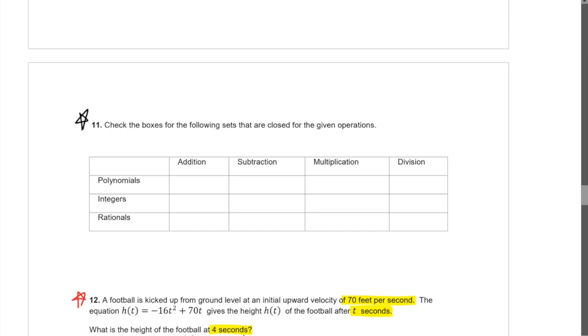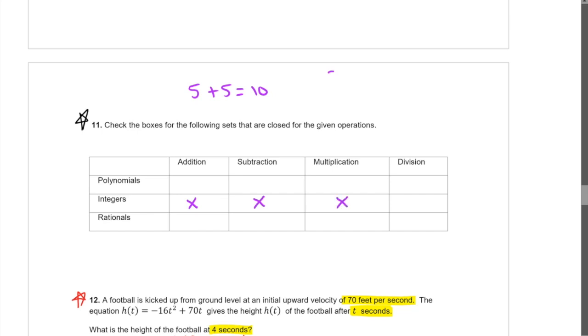So basically what that means is if I have an integer, and an integer is any positive or negative number, so that's 5 plus 5, my answer will be an integer. Since it's closed under addition, that is correct. Subtraction, yes. Multiplication, yes. But here's the thing.